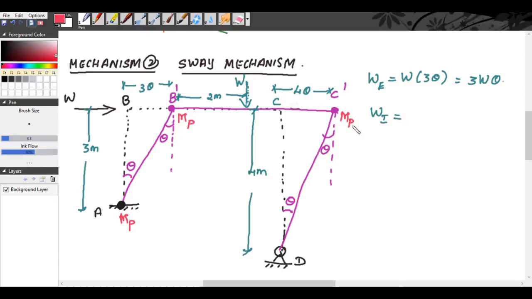So internal work done is at A, MP into theta, plus at B, MP into theta. At C, that is shifted to C dash, so it is MP into theta. So we get 3 MP into theta. Sorry, I made a mistake.